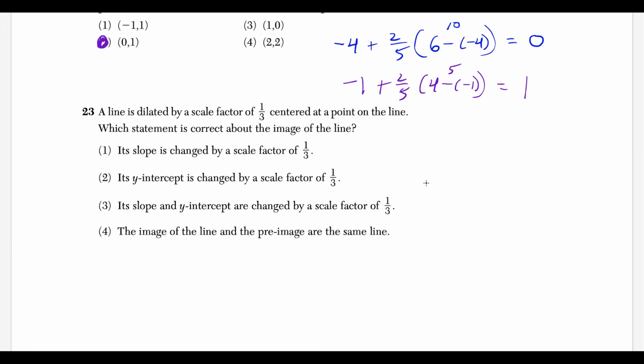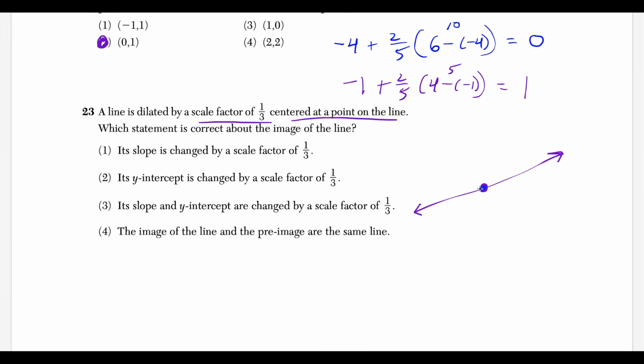Question 23, you could sort of do this in your head, but I'll draw it out, that what we have is a line, and we're dilating this line by a scale factor of 1/3, and this is centered at a point on the line. So one thing to know about a dilation is that it preserves angles, and for lines, it preserves slope.